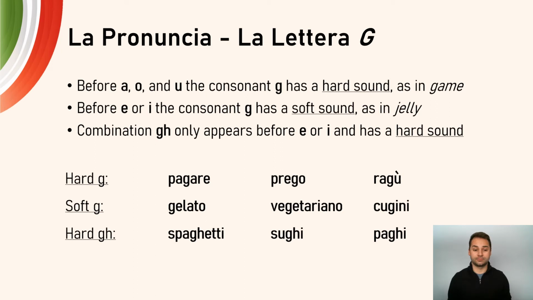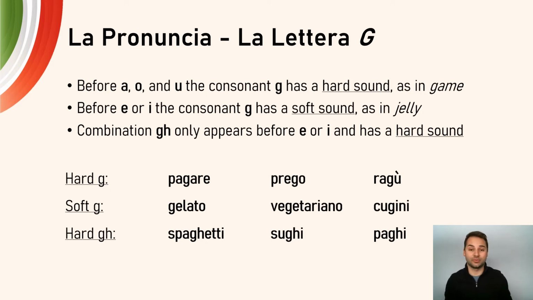Jelly. G-E, je, G-I, ji. Ga, go, gu, je, ji. Hard and soft. The combination GH, though, only appears before an E or an I, but that goes back to that idea of a hard sound. So GHE, ge, GHI, gi.